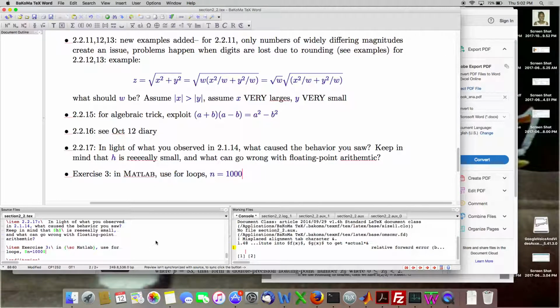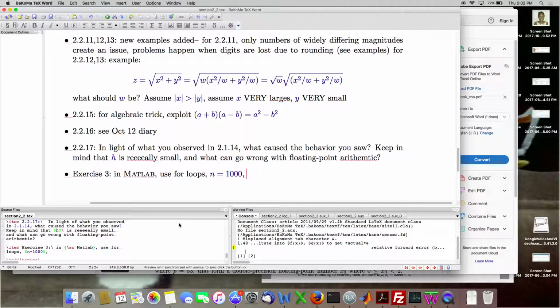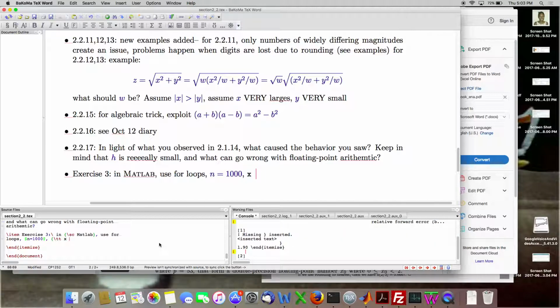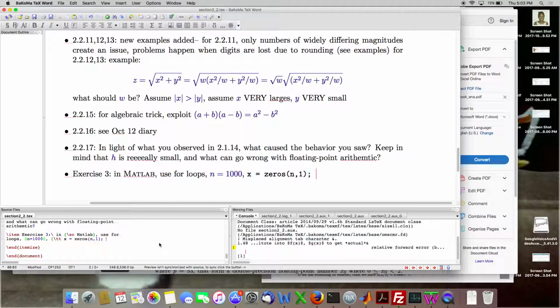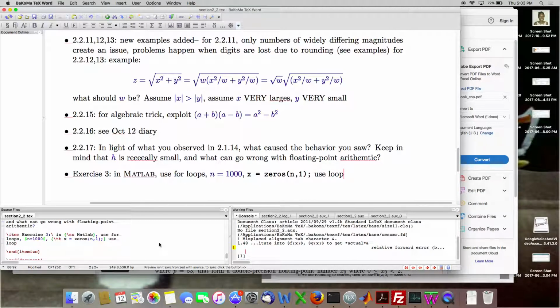I didn't really specify in the problem, but that will work. And I will start you off with an allocation of a vector. So x would be a zero vector of length n. So now what you can do is use a loop to fill in.